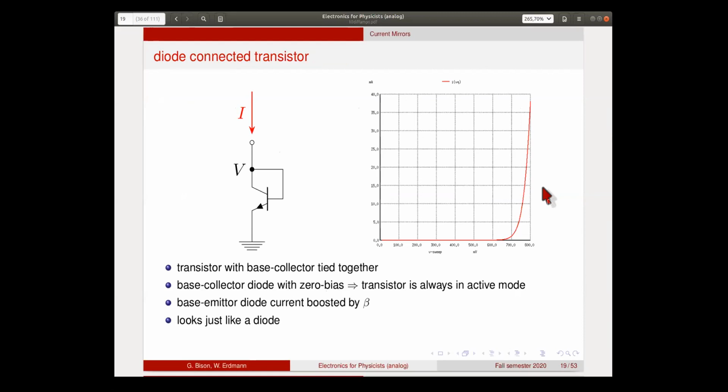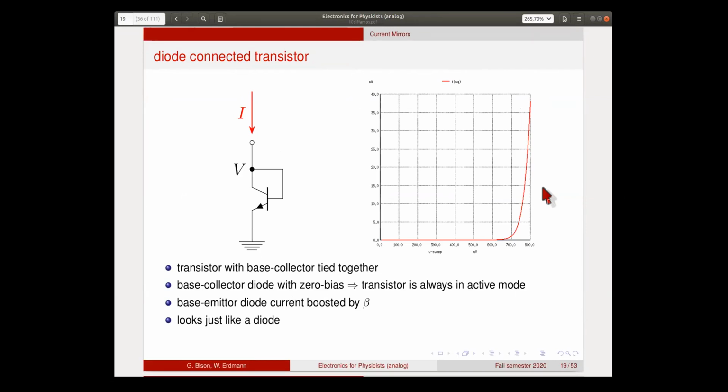Now we move on to current mirrors. Part of the current mirror is the so-called diode connected transistor. This is shown here, where we take a transistor and tie the base and the collector together. So this means that the base collector diode is always at zero bias, which means that the transistor is always in active mode.